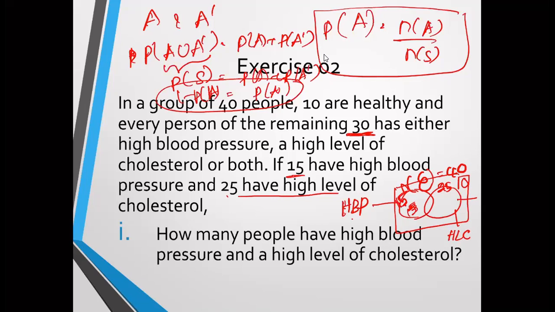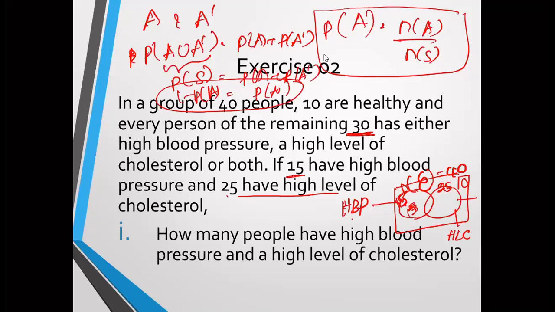Because this 15 represents not the people who have only high blood pressure, they have high blood pressure. Some of the people among this 15 might have high level of cholesterol as well. We do not know. That's why we are writing that number on the circle.